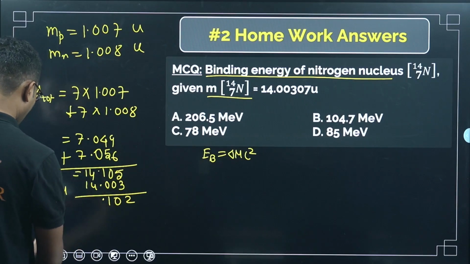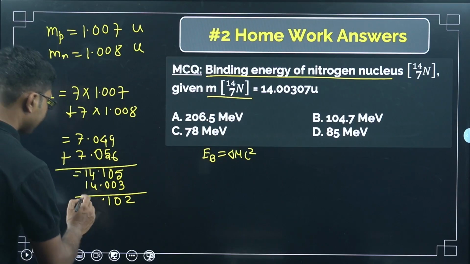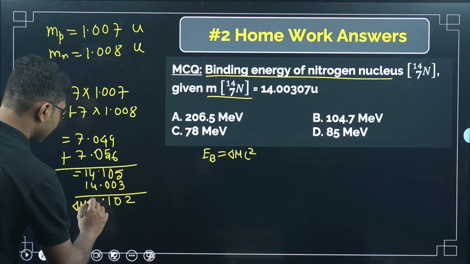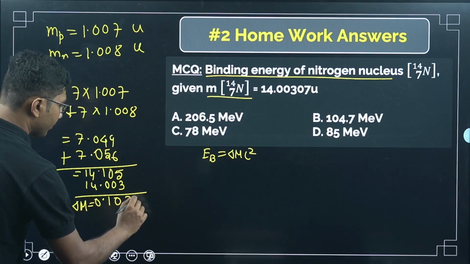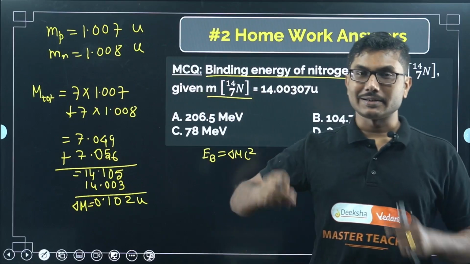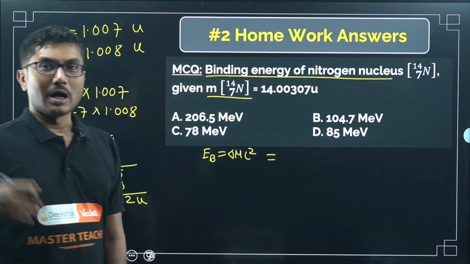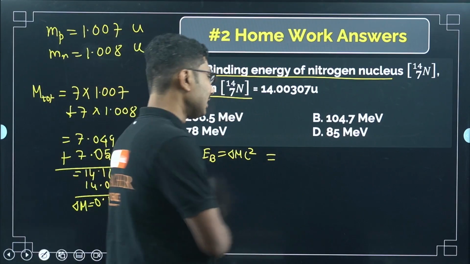So delta M is 0.102 U. Remember the unit, because this is very important. Now we apply the concept that I taught you yesterday to convert directly from U to energy in MeV. We have a shortcut.